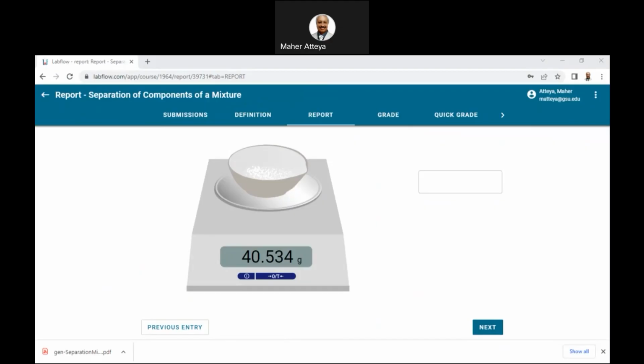So after heating the unknown sample, the mass will be reduced, and this is given here, we will enter it as well, 40.534. So 40.54, we get out of this.